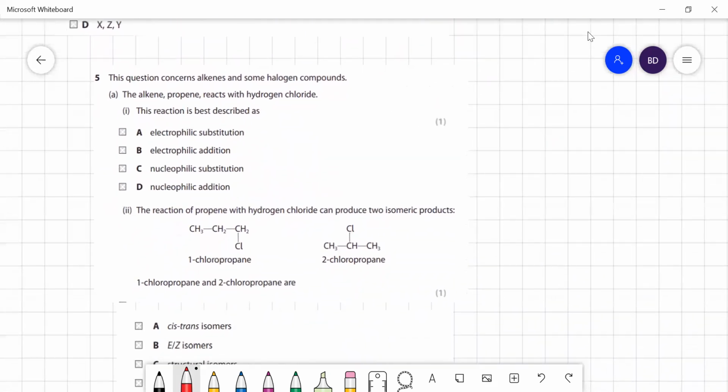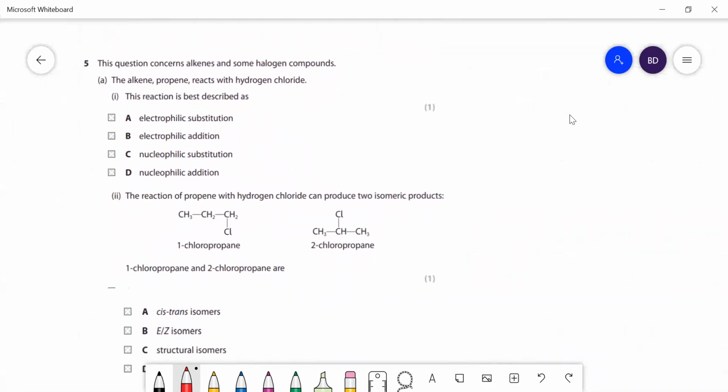Right, question concerns alkenes and some halogen compounds. The alkene propene reacts with hydrogen chloride. This is best described as, right, how does propene react with hydrogen chloride? Here's propene. Hydrogen chloride is an electrophile, okay? So that's hydrogen bromide I've just drawn. Same mechanism.